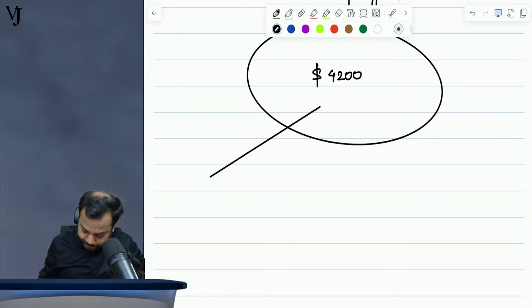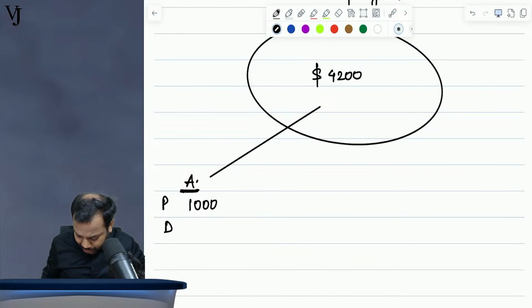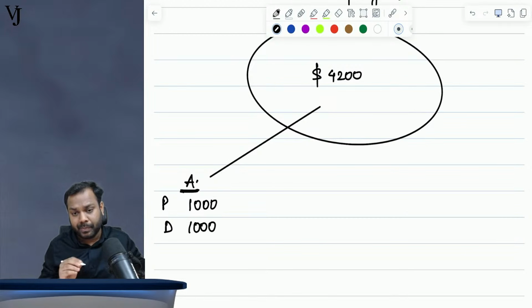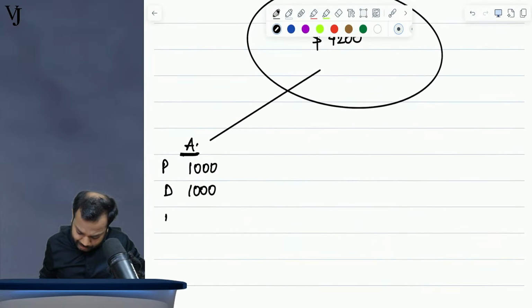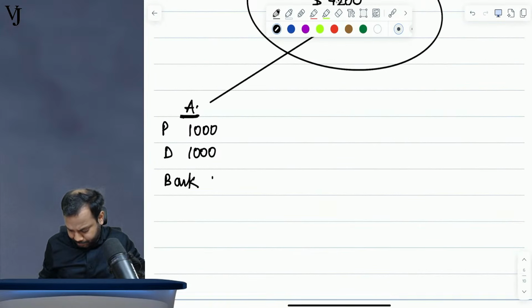Option A: first of all, Pramod will take 1,000, Devendra will take 1,000, priority number 1, and the rest the bank will take, which is 2,200.